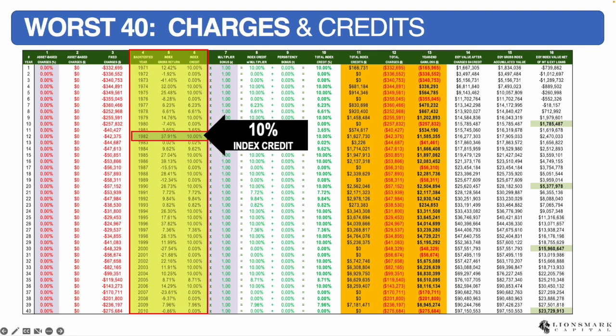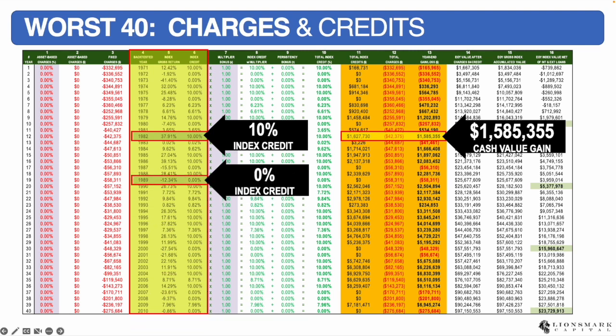Based on a 0% floor and 10% cap model, the index credit in that year would have been 10%. So in this particular design with this particular crediting method, in that year, they would have gotten a $1.6 million credit. There were $42,000 and change worth of charges in that year. So the cash value gain in that year would have been just over $1.5 million.